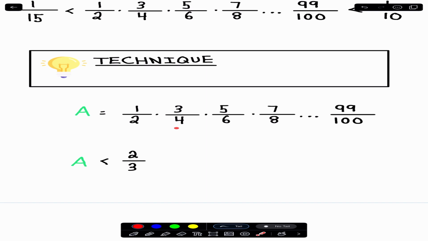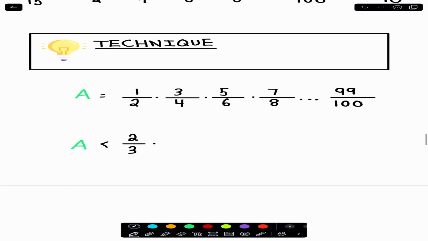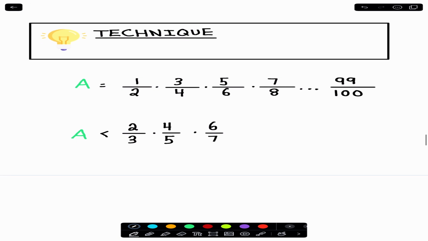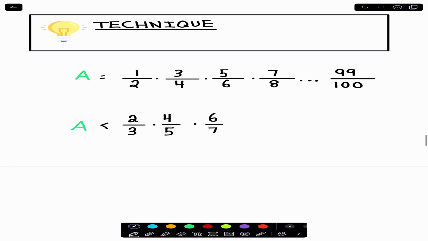We go to work with the next term, 3 over 4. 3 over 4 happens to be less than 4 over 5. 5 over 6, same logic, happens to be less than 6 over 7. 7 over 8 is less than 8 over 9.